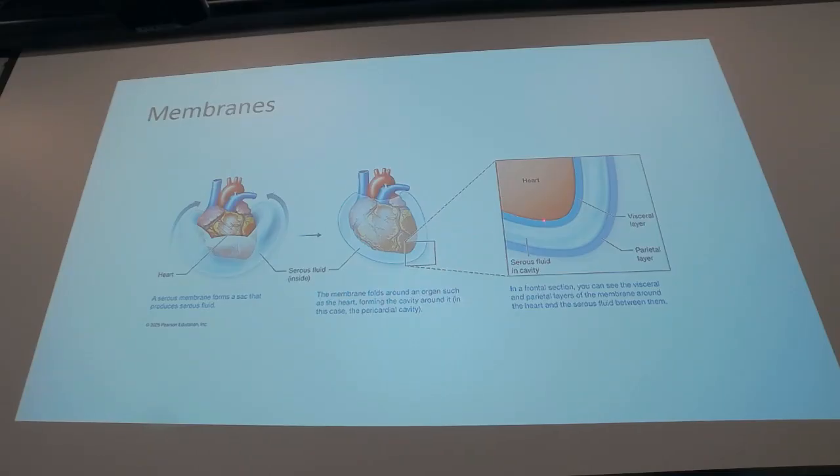If you magnify this part, you can see here the actual tissue of the heart, and this will be the visceral layer, and then this will be the parietal layer. Viscera equals organ. So when they say visceral, that means that it is close to the organ.